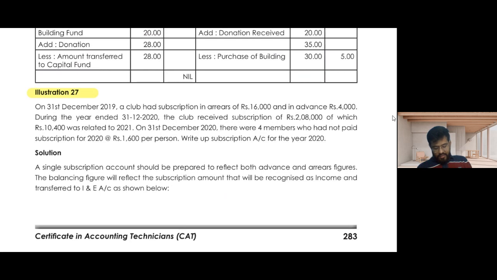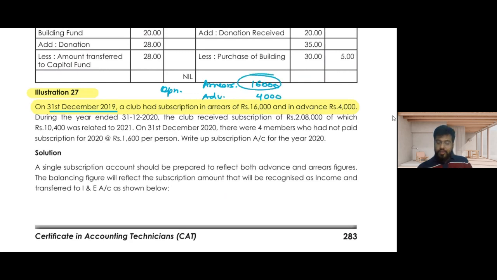Illustration number 27. It is saying that on 31st of December 2019, a club had a subscription in arrears of 16,000 and in advance of rupees 4,000. So it is talking about the previous year end close. So in opening, I have subscription in arrears of 16,000 and advance also of 4,000.